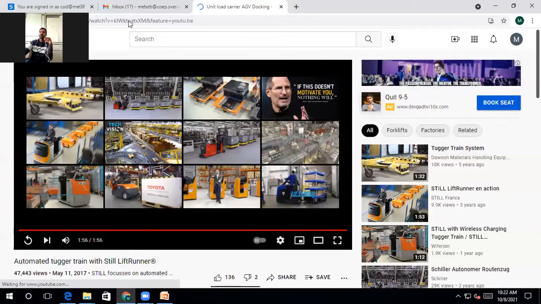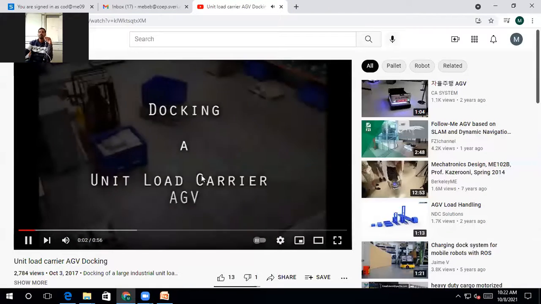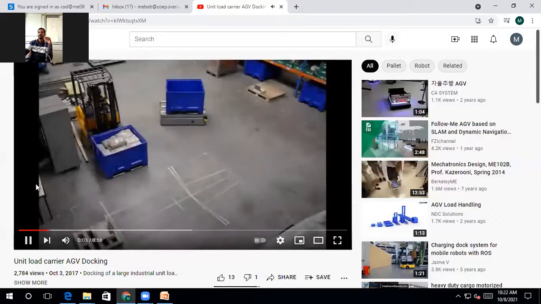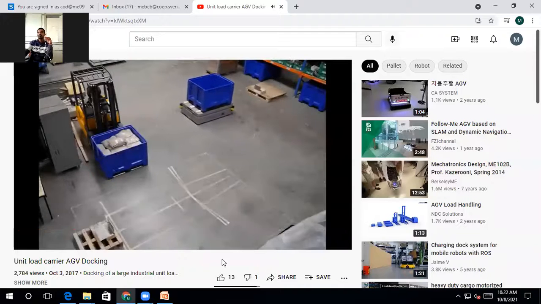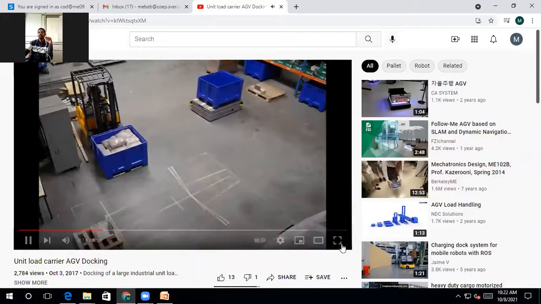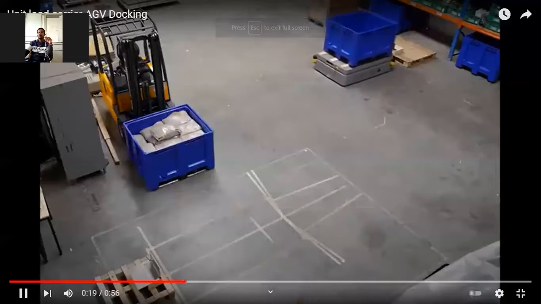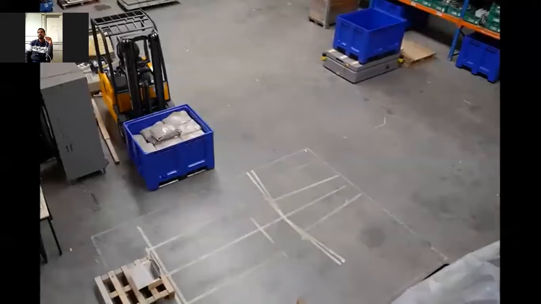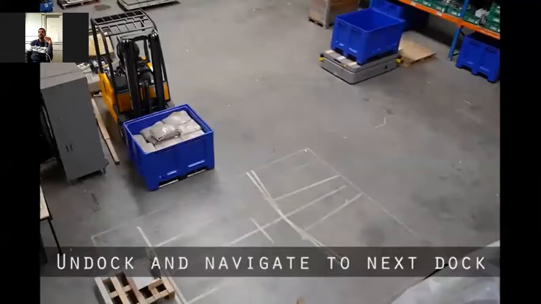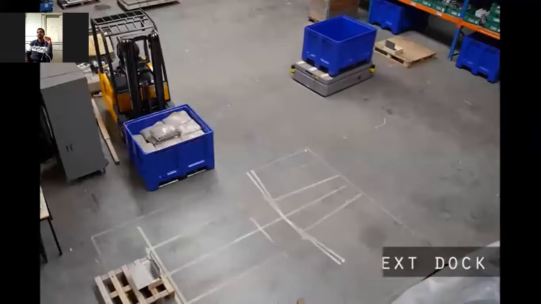Unit load AGVs. This AGV cannot lift the load, it only moves it from one place to another.